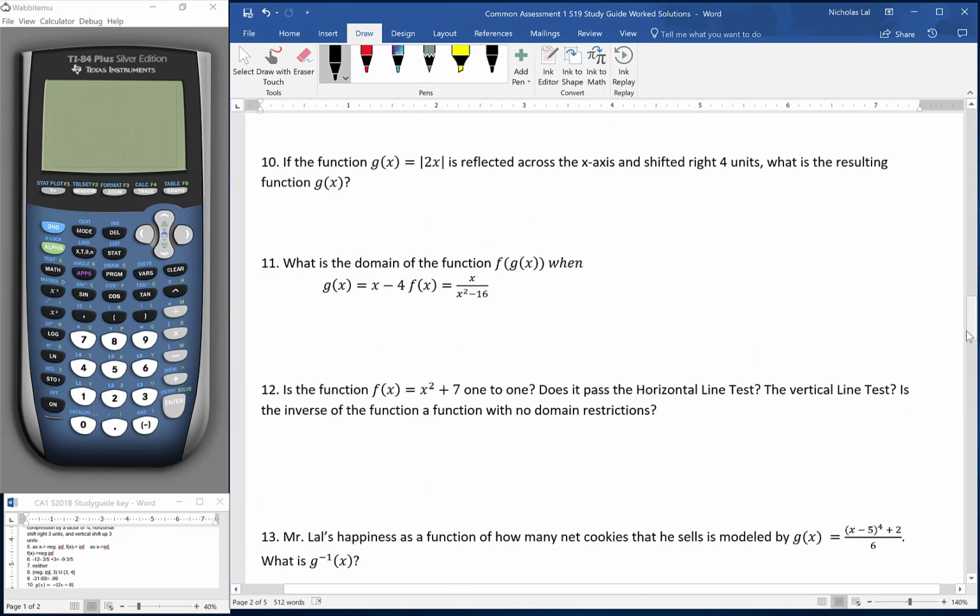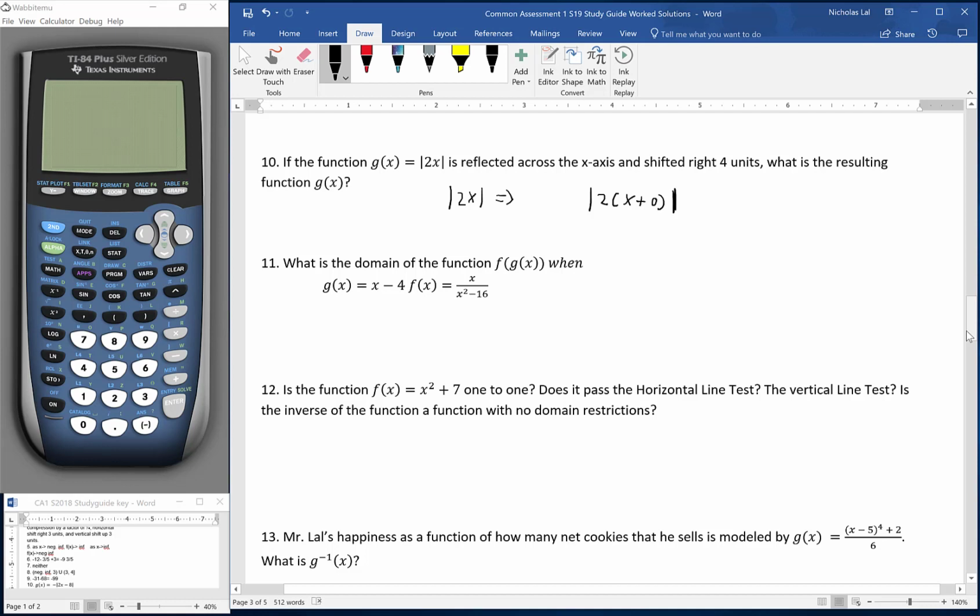Number 10. If the function g of x is equal to 2 times the absolute value of 2x is reflected across the x-axis and shifted right 4 units, what is the resulting function g of x? So we have the absolute value of 2x. I'm going to turn this into notation, the absolute value of 2 times x plus 0, which is the same thing, but I'm factoring out that 2.